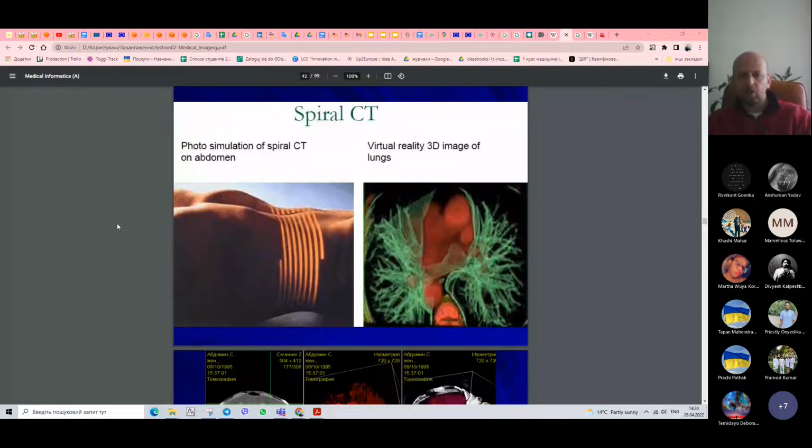Now you can see how this rotation scanning is presented. You see a spiral which identifies the condition in each cross section. Photo simulation of spiral computer tomography in the abdomen region. A virtual reality 3D image of lungs.